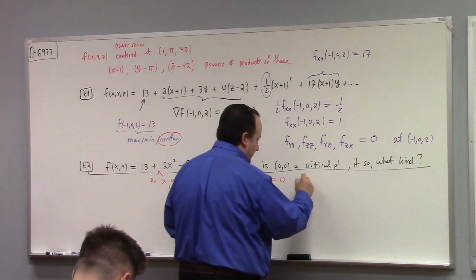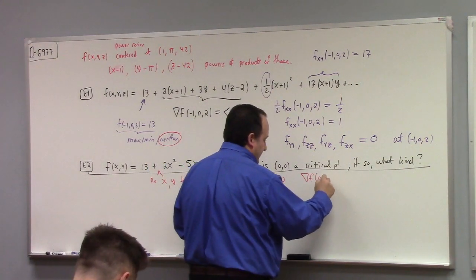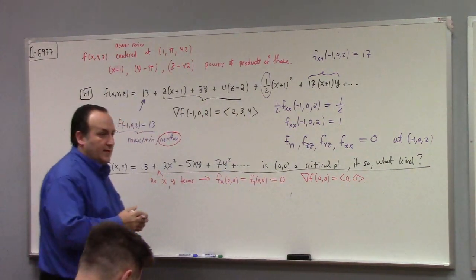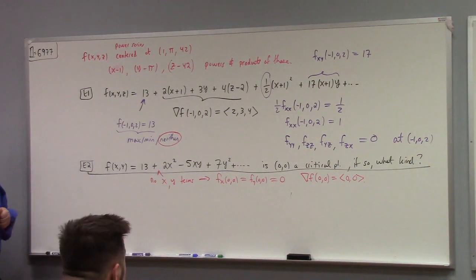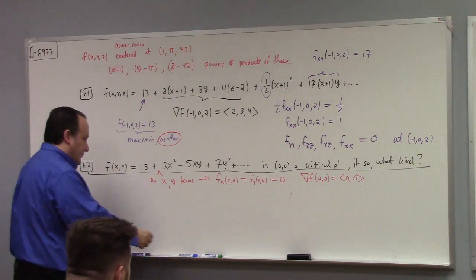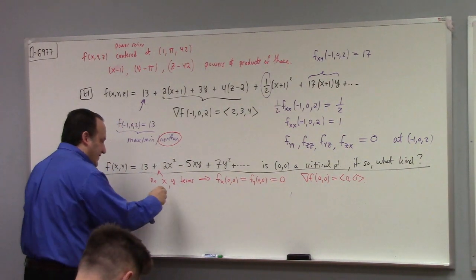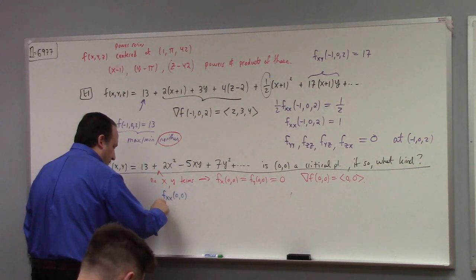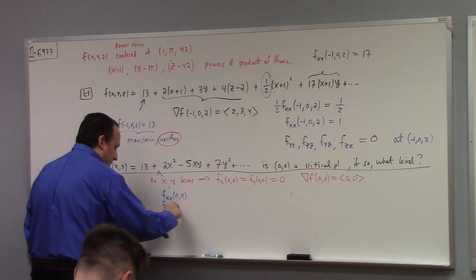So the gradient of f at (0, 0) is equal to the 0 vector, so it's critical. And then we can use a second derivative test, right? So what is f_xx here? What is f_xy? What is f_yy?